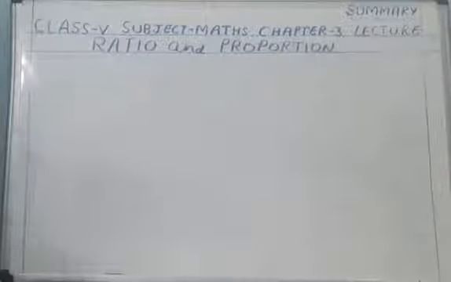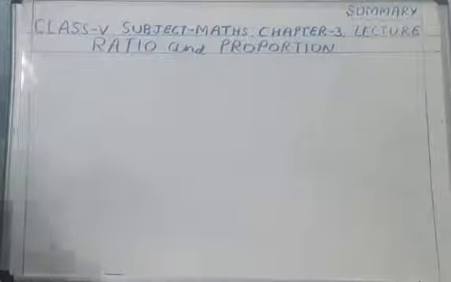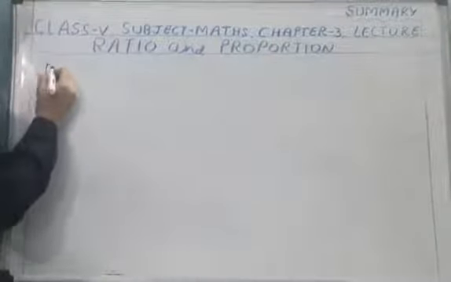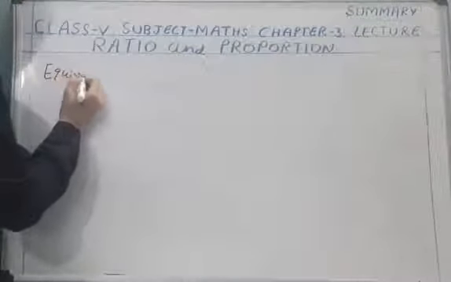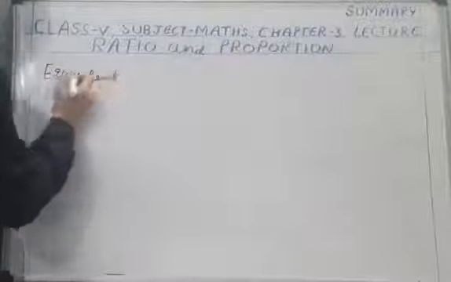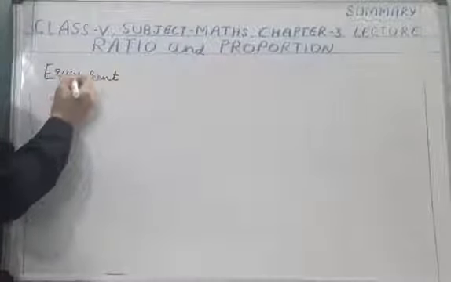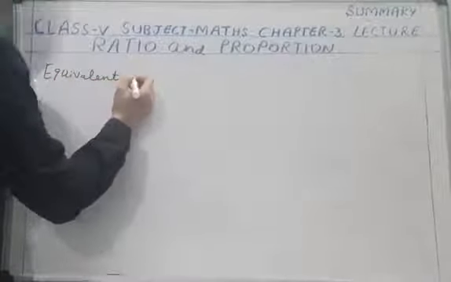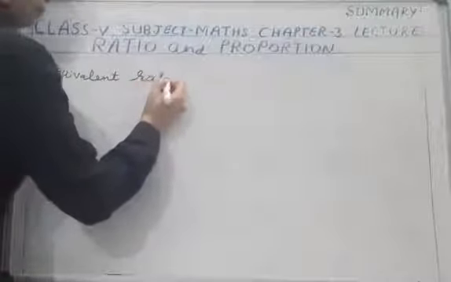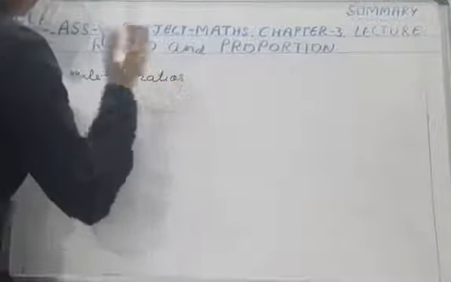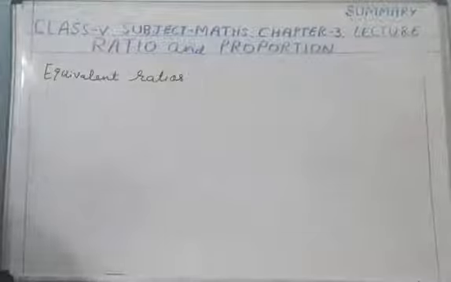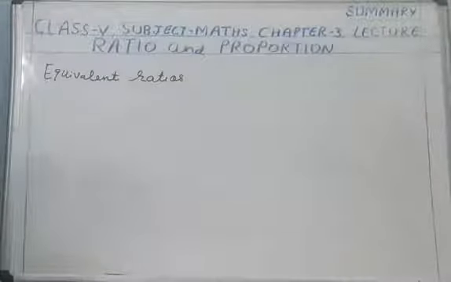Next is equivalent ratios. Two or more ratios which can be expressed as a common ratio in their simplest form are known as equivalent ratios.